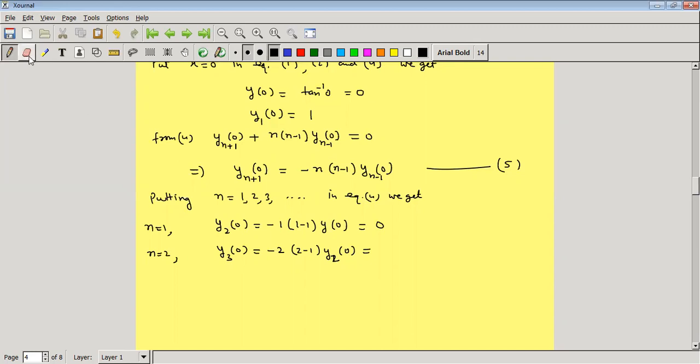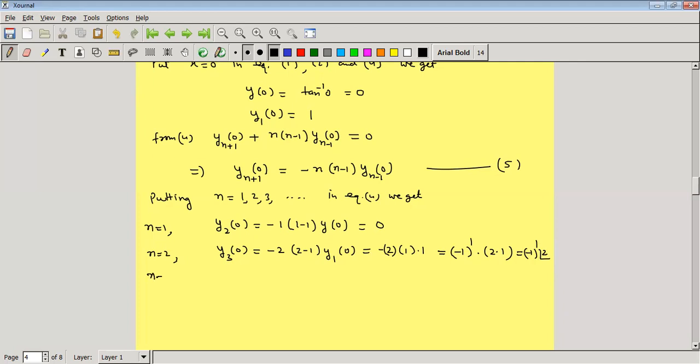So here, because we put n equal to 1, we get y1, 2 minus 1, and y1(0) is equal to 1. So this is minus 2 into 1 into 1. So I can write this as minus 1 to the power 1 into 2 into 1, and 2 into 1 as minus 1 to the power 1 into 2 factorial.